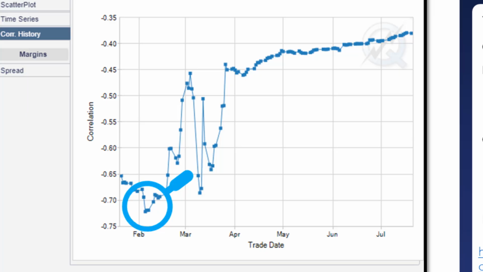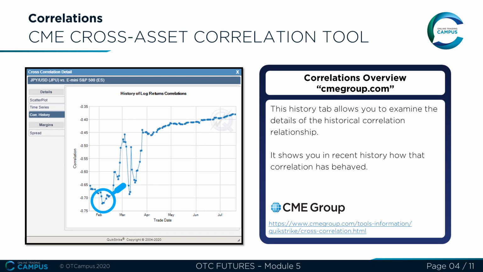So we are more in danger of double exposure in case we traded both markets, S&P futures and Japanese yen futures. So bottom line, we have to be aware of the volatility in the market and check the strength of the existing correlations accordingly to avoid double exposure. Because basically, going long S&P 500 and short yen futures, or vice versa, in February 2020 would have been the same trade.